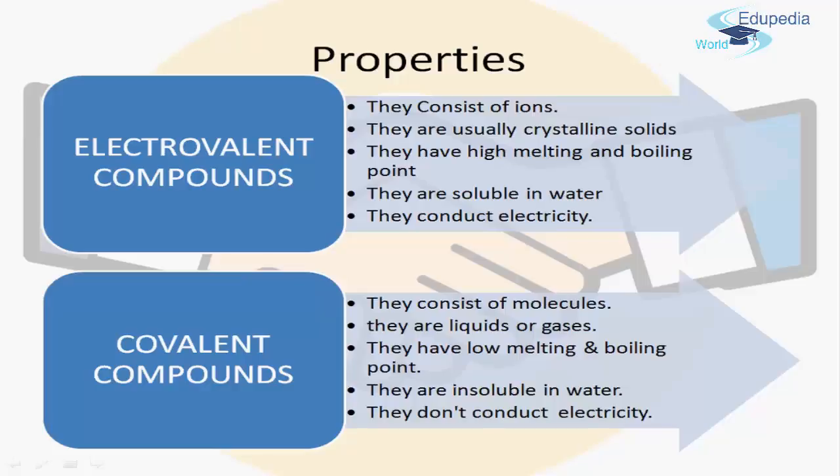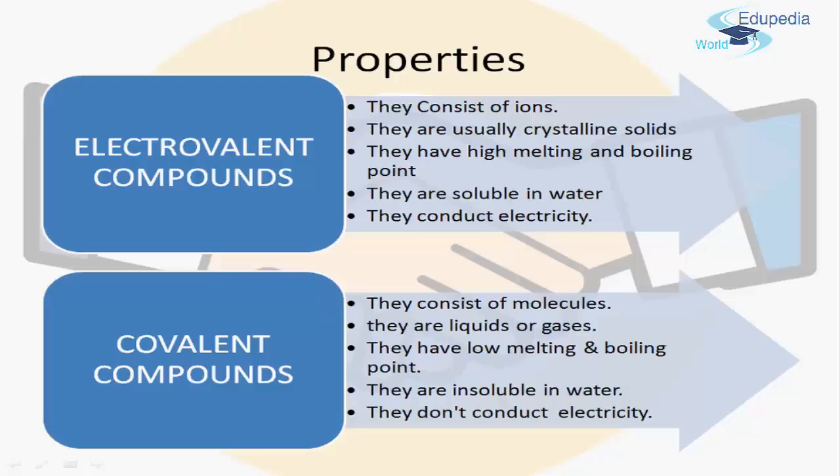As covalent compounds are made up of electrically neutral molecules, the force of attraction between the molecules is very weak. Only a small amount of heat is required to break these weak intermolecular forces, due to which covalent compounds have a low melting point and boiling point.